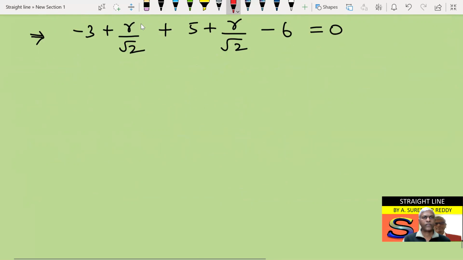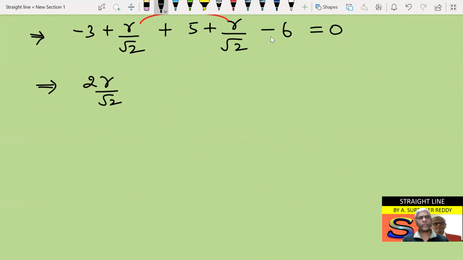Now x plus x, r by root 2 plus r by root 2 is 2r by root 2, and -3 minus 6 is -9, plus 5 is -4.